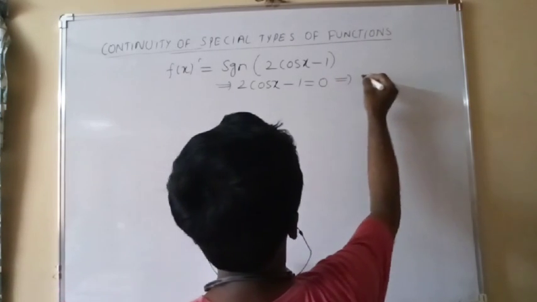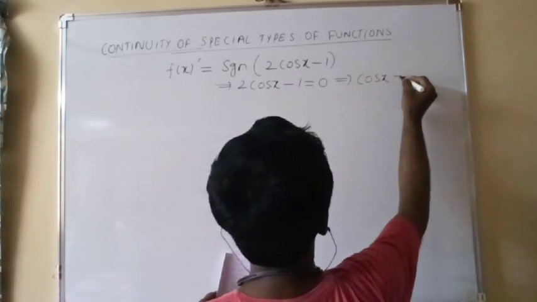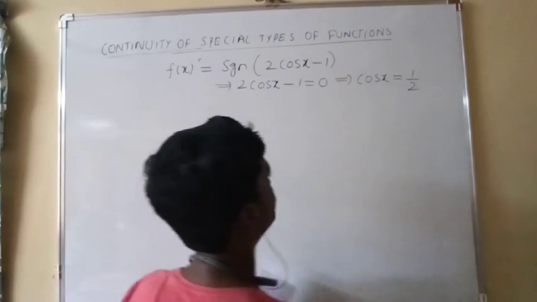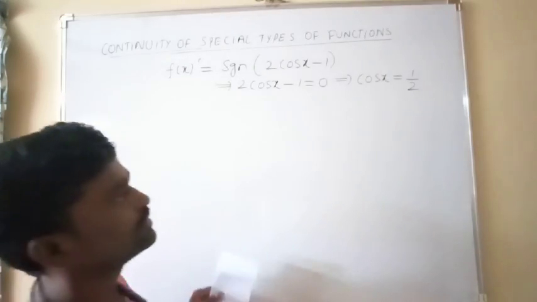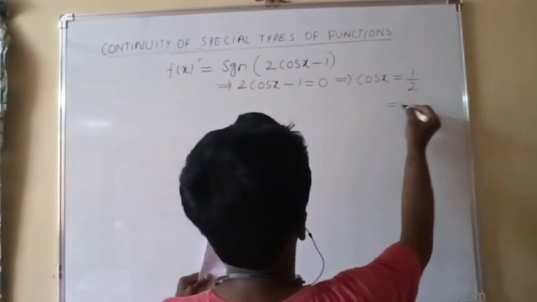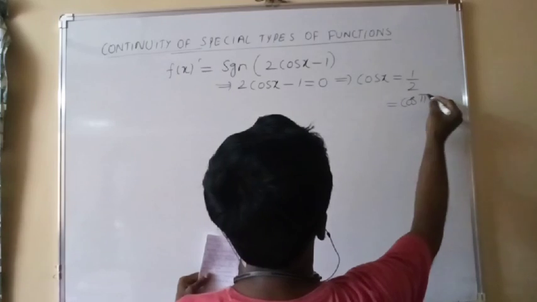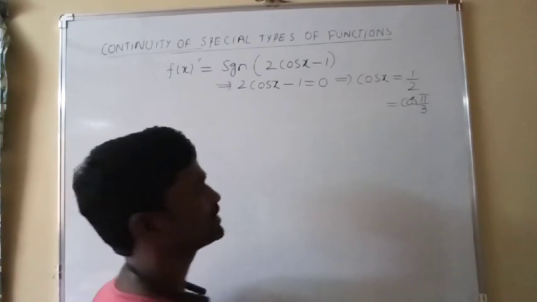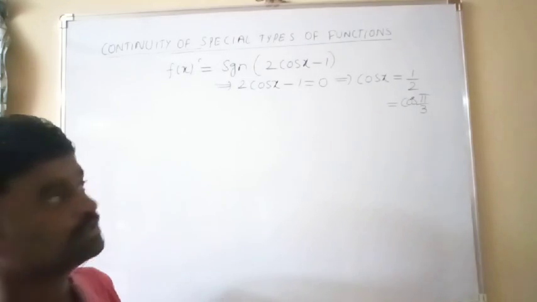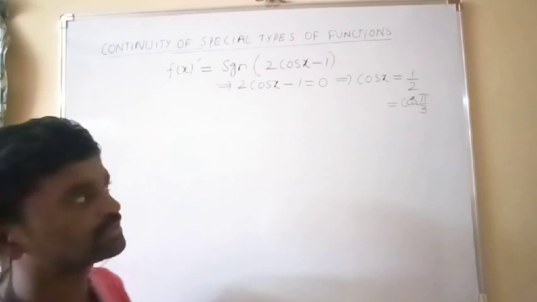So cos x is equal to 1 by 2. Cos of which angle is 1 by 2? Pi by 3. So cos x is equal to cos pi by 3, and pi by 3 is one point of discontinuity.